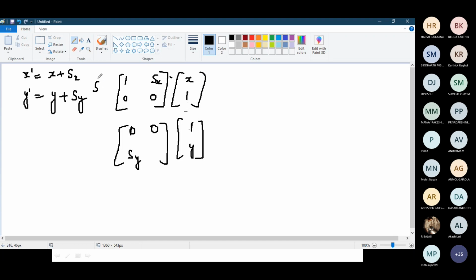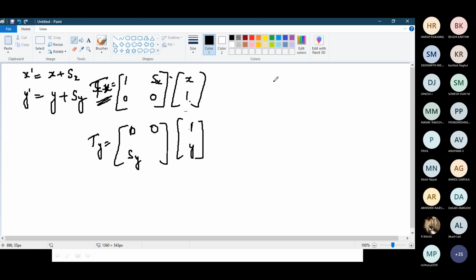This is translation in the x direction, and if this is happening, translation in the y direction. If it is happening in the x direction, the transformation matrix is 1, sx, 0, 0, 1. If we solve it, it will come as x plus sx, and when we solve this, we will get y plus sy.